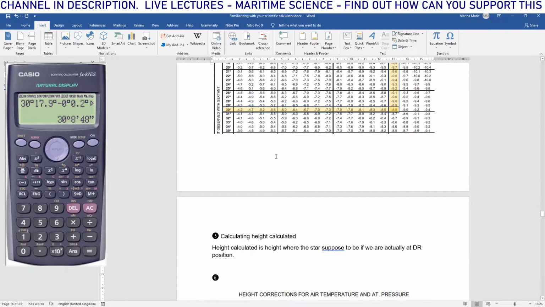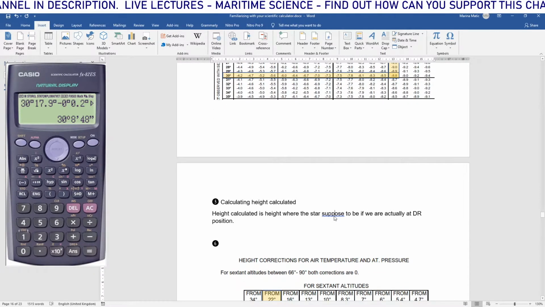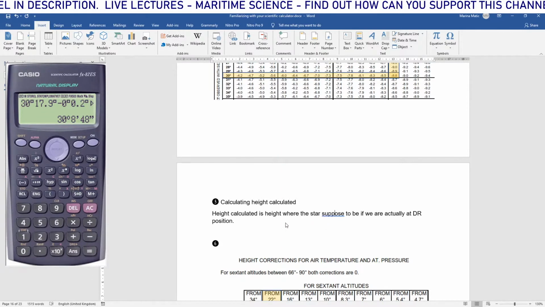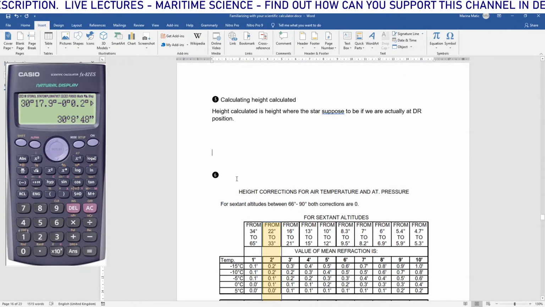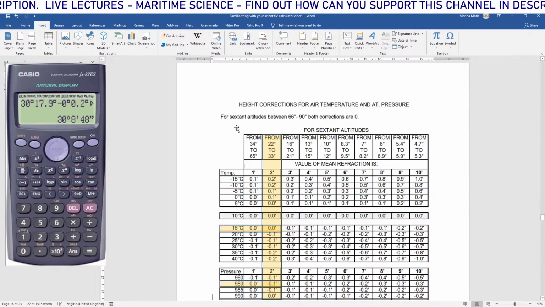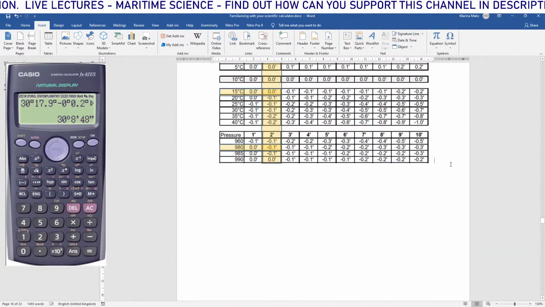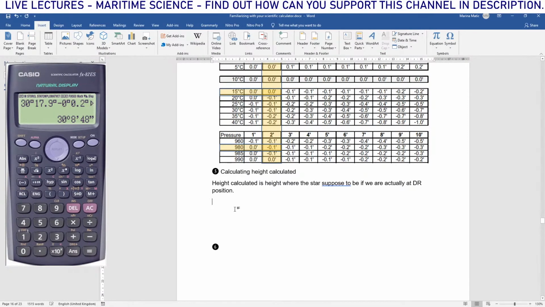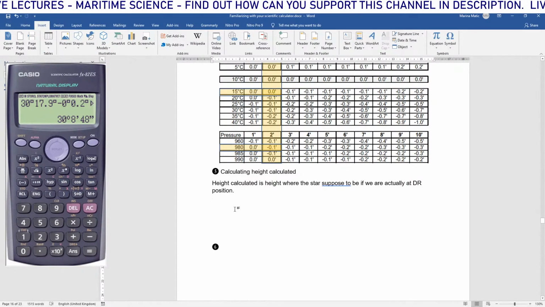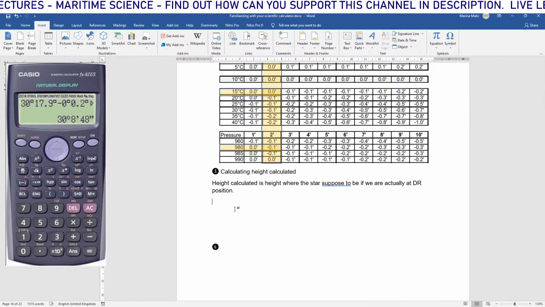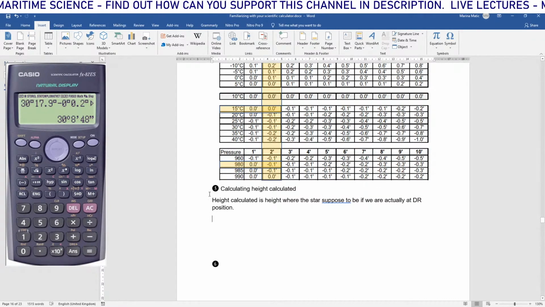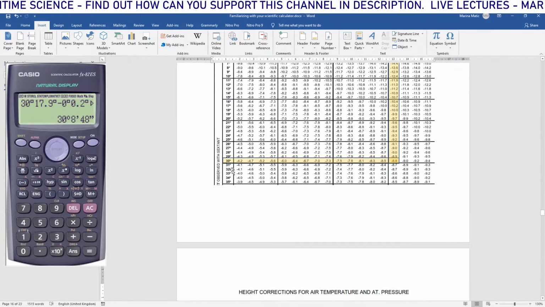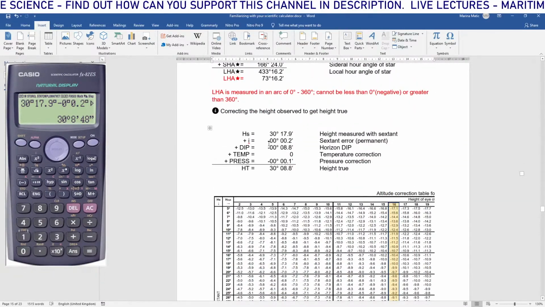Now by using the data for that imaginary position, we are going to calculate where the star is supposed to be if we are on that DR position. The difference between the value we got in step number 5 and step number 4 is going to be our error.